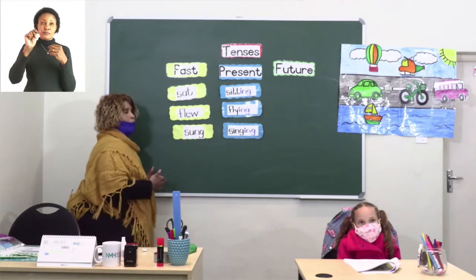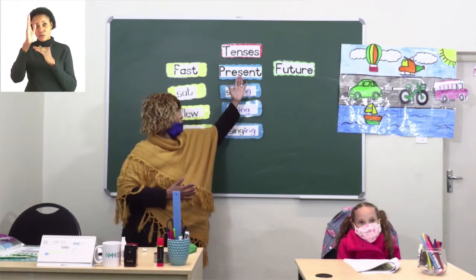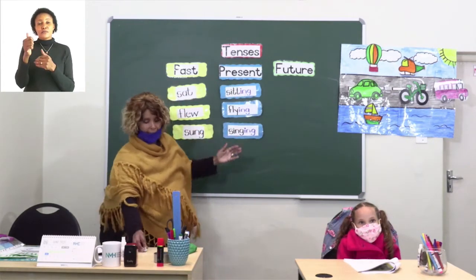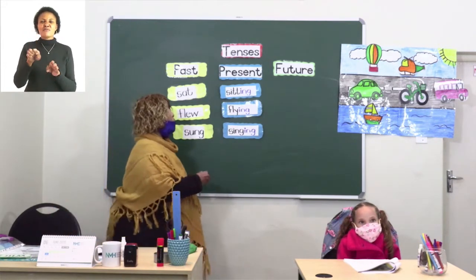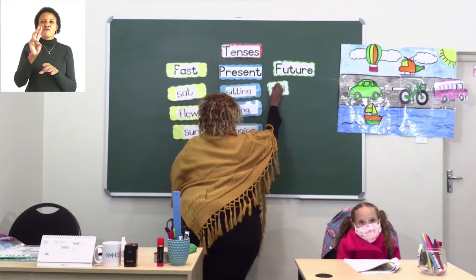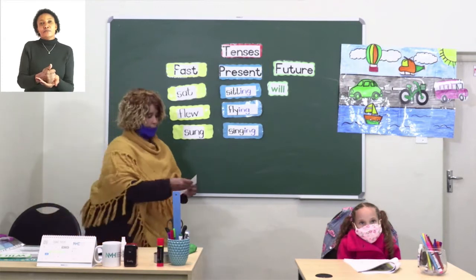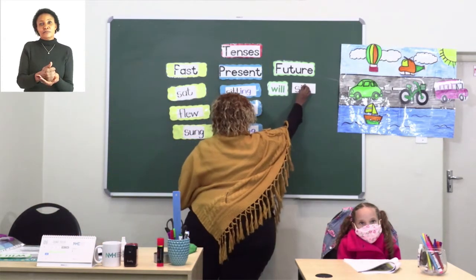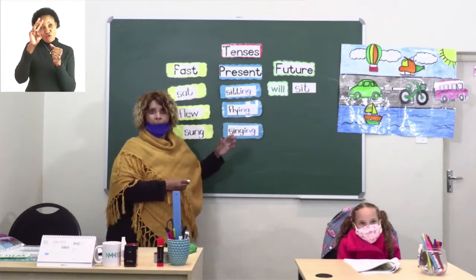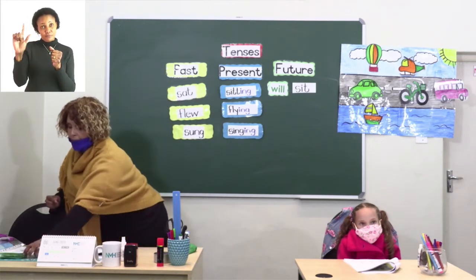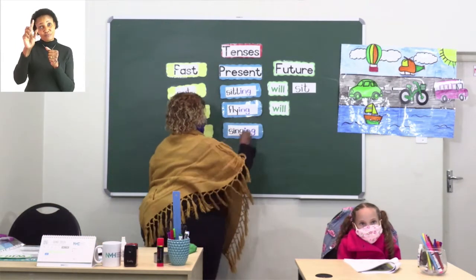Now we can go over to the future tense. In the present tense, we are sitting, but in the future, what will we do? We will sit. In the present tense, we are flying, but in the future tense, we will fly. Will.